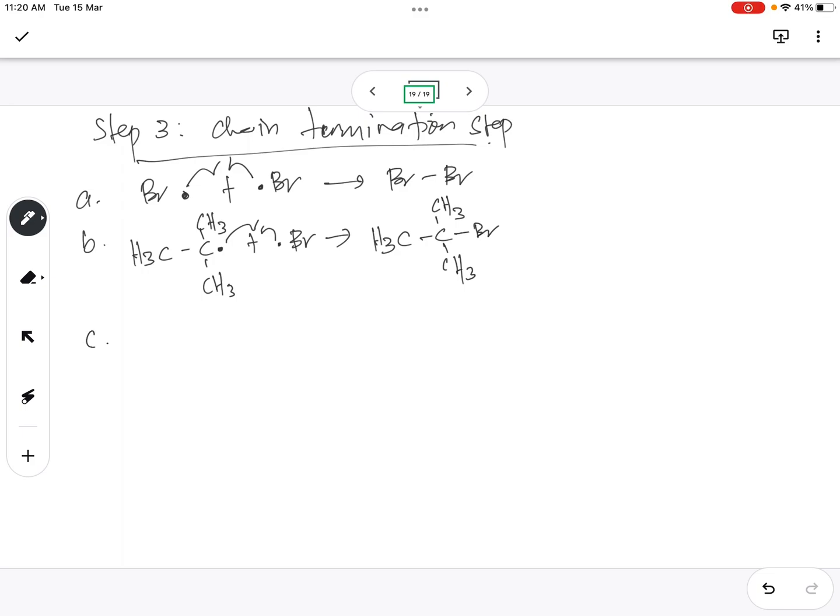And finally, we have the alkyl radicals colliding between themselves. So this one collides with this one.